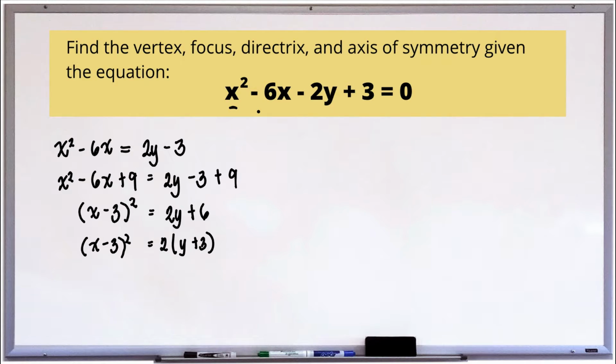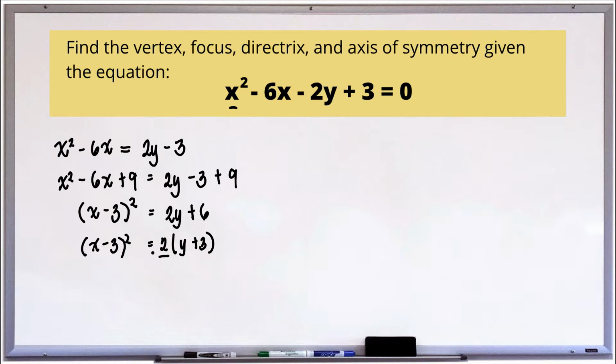That means, from the general equation alone, we can already identify that this is an equation of a vertical parabola. And from our standard form of equation, this coefficient here is positive, meaning our parabola opens upward.